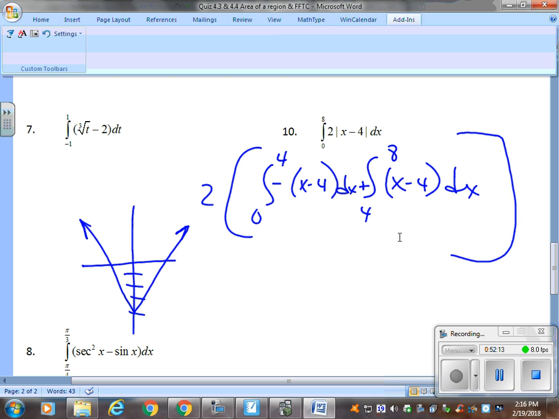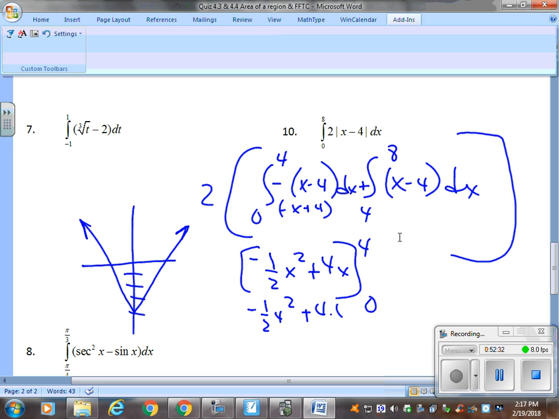So if I integrate this, it will probably be easier to integrate if I distribute that, because then it'll become negative 1/2 x squared plus 4x. And I do that from 4 to 0, which means I just do 4 because 0 is going to be 0. So that's 16 minus 8, because it's half of 16 on that one.